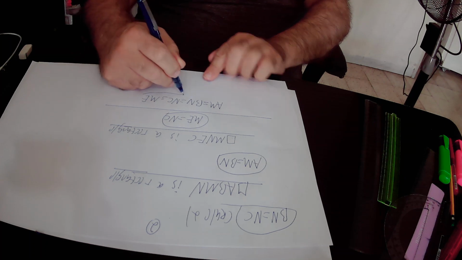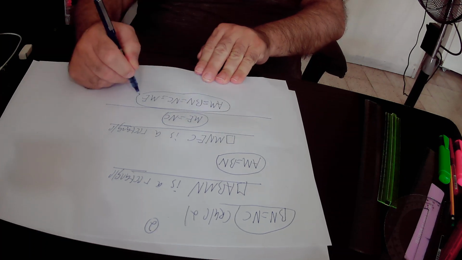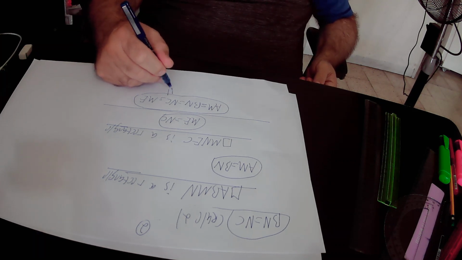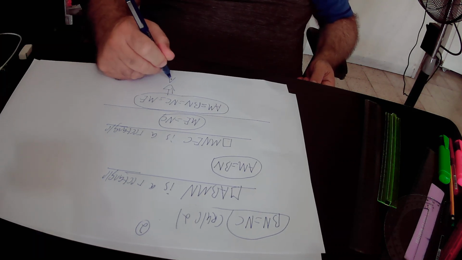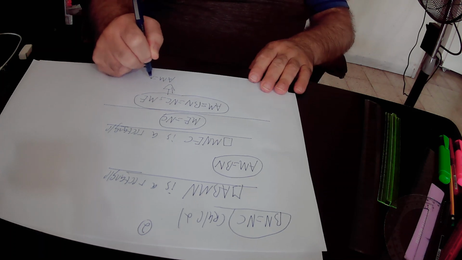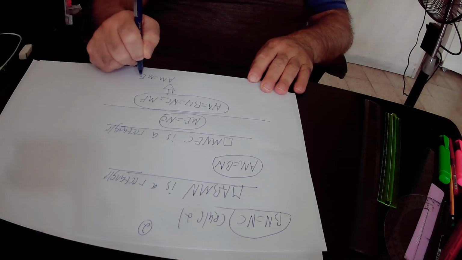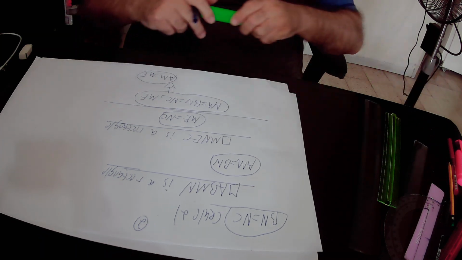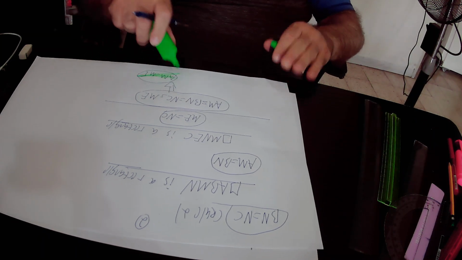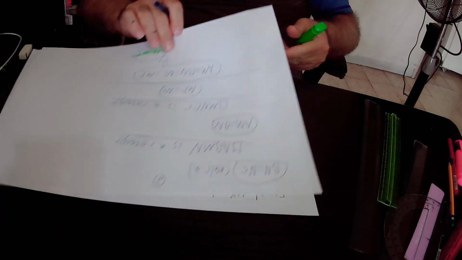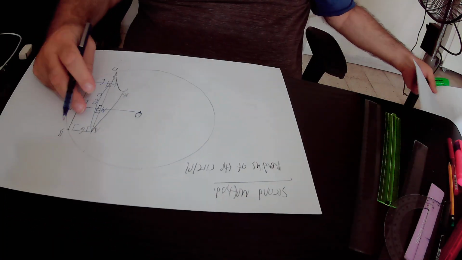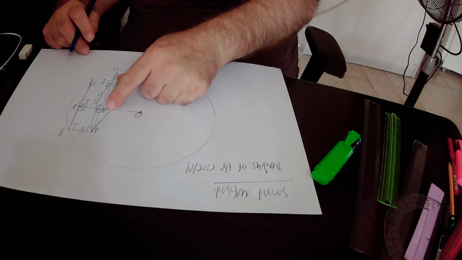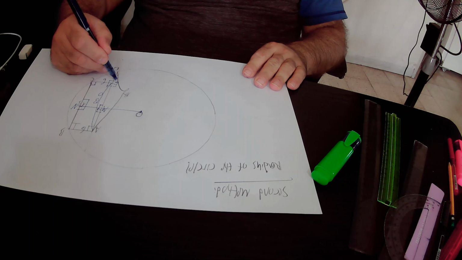So we have a long equation, AM equals BN equals NC equals ME, and from this we derive that AM equals ME. So side AM equals side ME.